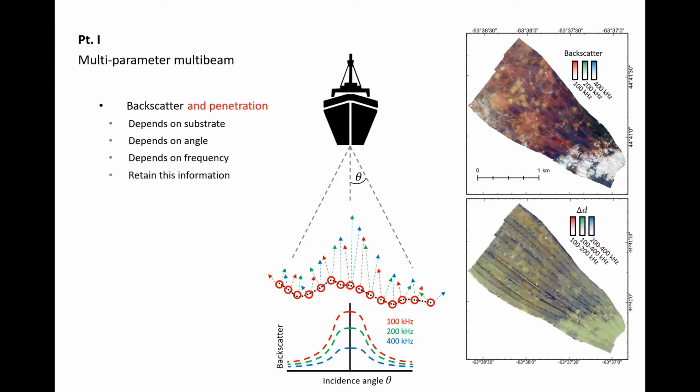Like I said, another interest is in trying to use differences in depth as some sort of proxy for substrate penetration and therefore sediment characteristics. So this map on the bottom right is just a simple overlay of different depth surfaces in a multi-band raster between 100 and 200 kilohertz, 100 and 400, 200 and 400.